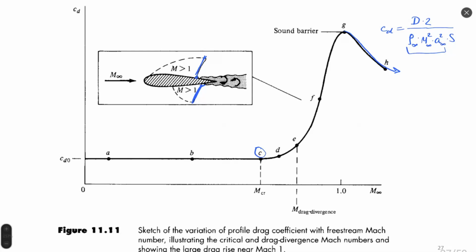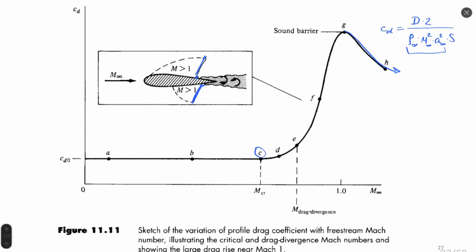So even though the drag coefficient decreases, Mach number compensates. It increases significantly. So it means that total drag still continues to increase, not to decrease. Because we have Mach number squared, and this Mach number is bigger than 1, it increases faster than the decrease of the drag coefficient.